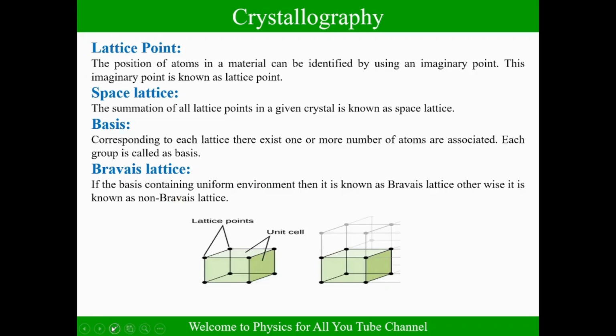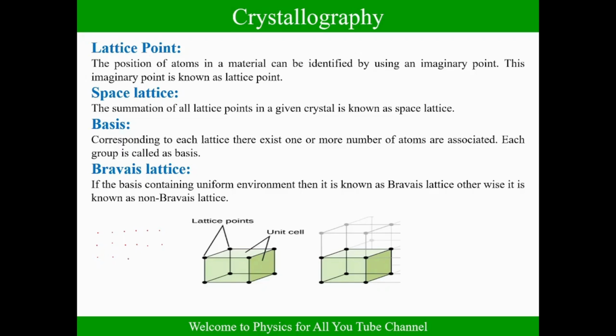In order to understand these definitions, let us consider a simple diagram. In this diagram, all the dots represent atoms. Now our main concept is that we have to identify the location of atoms.